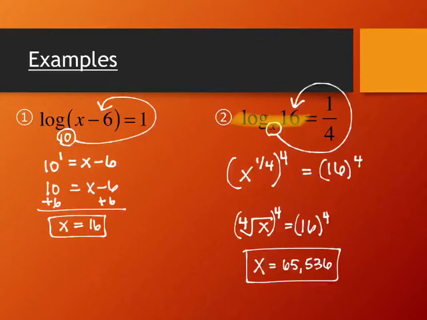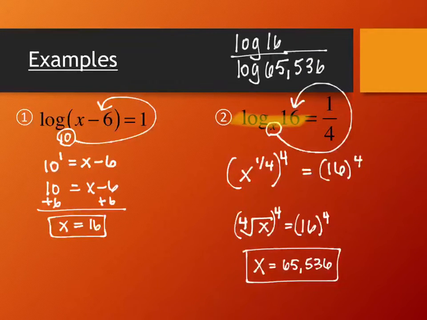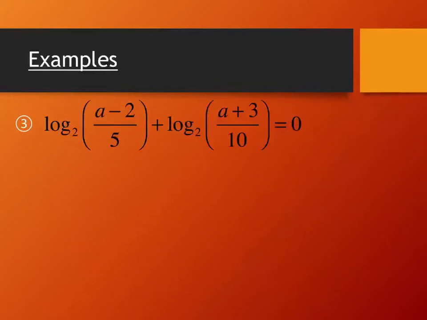You could take log of 16 divided by log of the base, which was our 65,536, and make sure that it really equals 1/4 or 0.25. So you could check it that way if you wished. Most of these will have some kind of a check step that's pretty easy to compute, especially for the ones that you can't see, maybe they're odd in the back of the book or something.